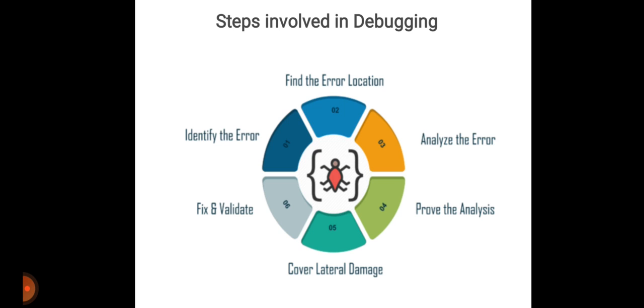Analyze the error is the third step, then prove the analysis, this is the fourth step. After that, cover lateral damage, this is the fifth stage, and the last stage is fix the error and validate. So in this way the debugging process works.